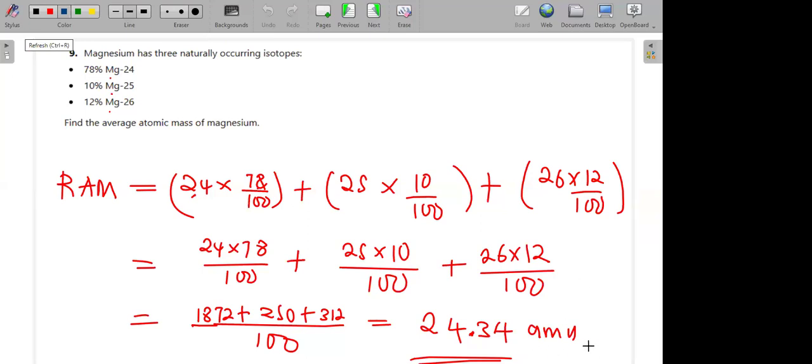These are the units in which the RAM, or the average atomic mass, is measured. The M is mass, and the U is unit. So the units for the RAM are atomic mass units.